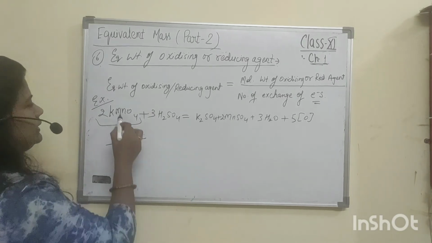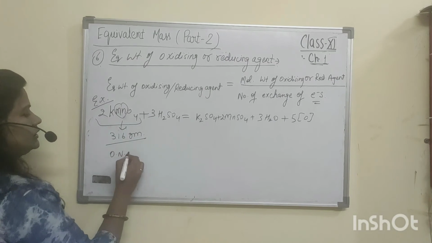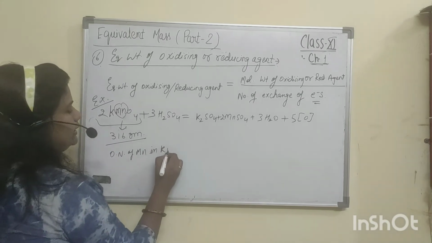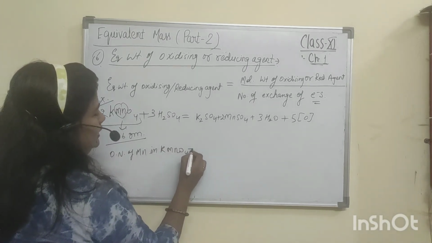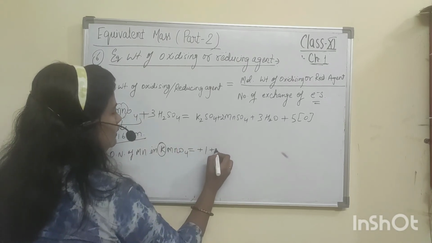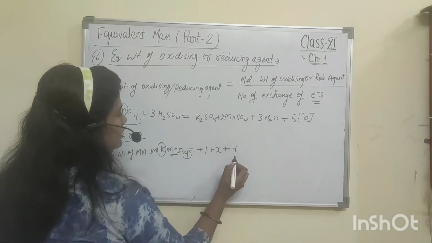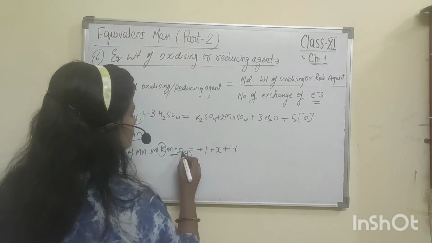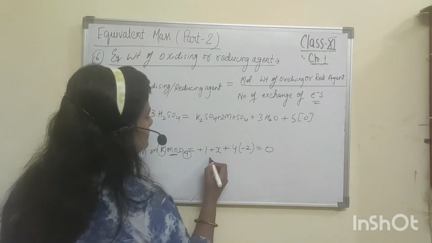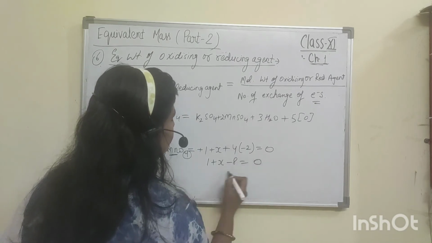Correct? The oxidation number of Mn in KMnO4: K has valency plus 1, plus x, plus 4 atoms multiplied by minus 2, is equal to 0. So 1 plus x minus 8 is equal to 0.